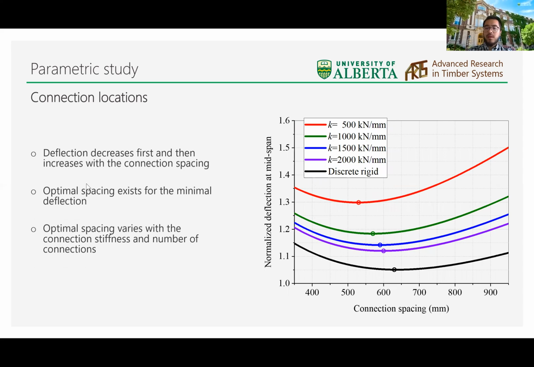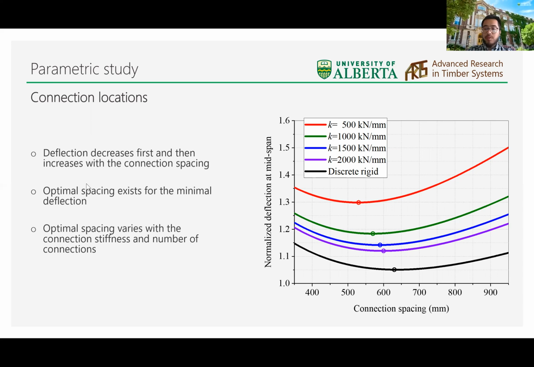Finally, let's talk about the locations of connections. Again, because the connections are discrete, depending on where the connections are installed, the floor can have different bending stiffness. As you can see from the graph on the right, when the connections move from the supports to the midspan, the deflection decreases first and then increases again.